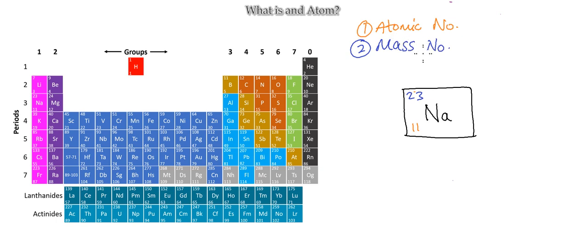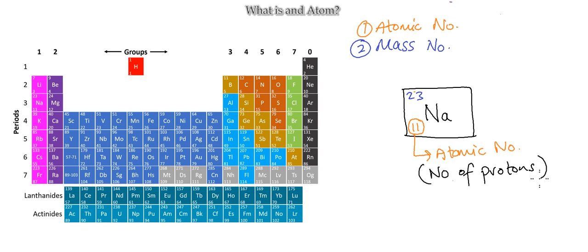Now, what is the definition of each of them? Let's start with the atomic number. The atomic number will be the smaller number. So that's 11. That's the atomic number. And what does it mean? The atomic number tells us the number of protons.